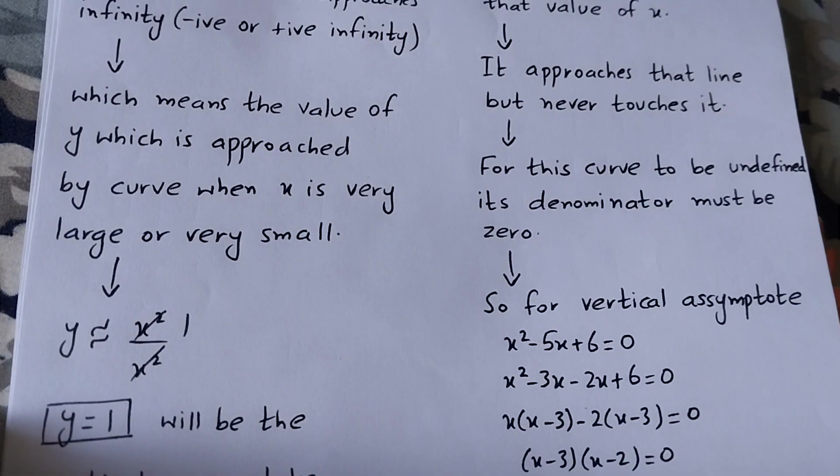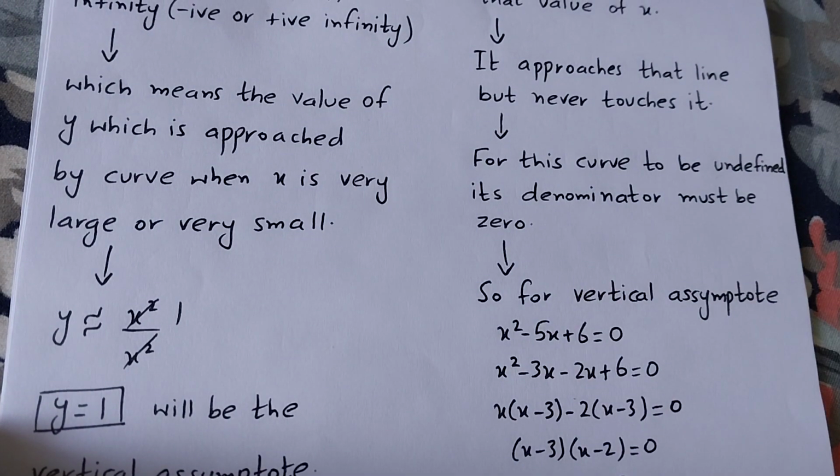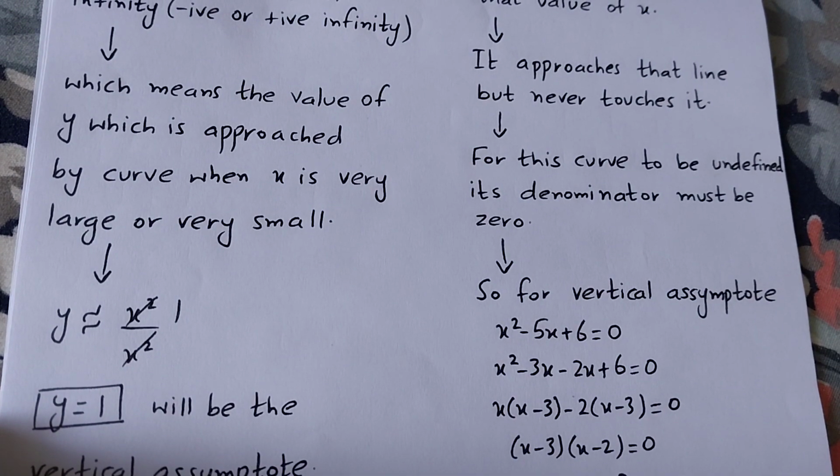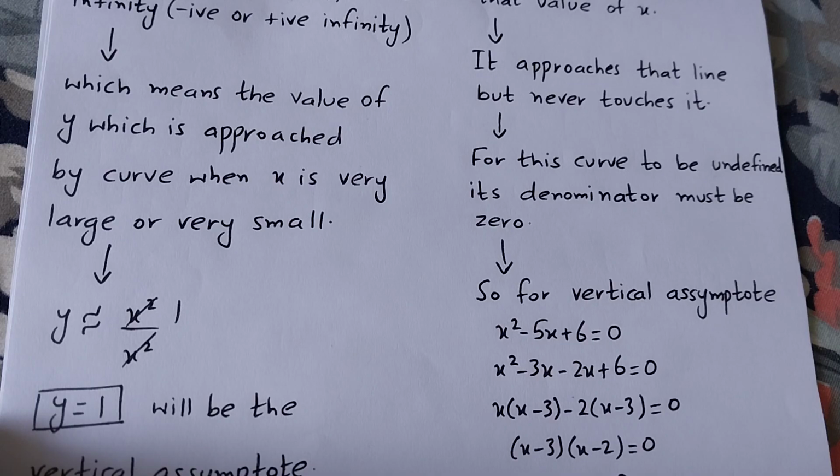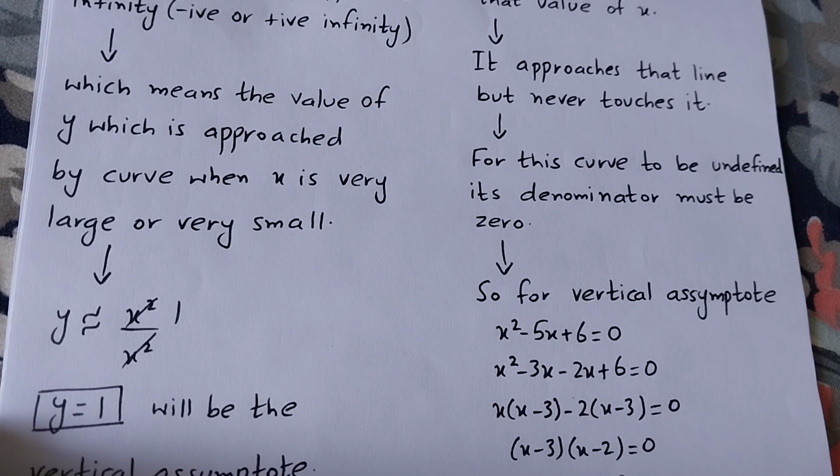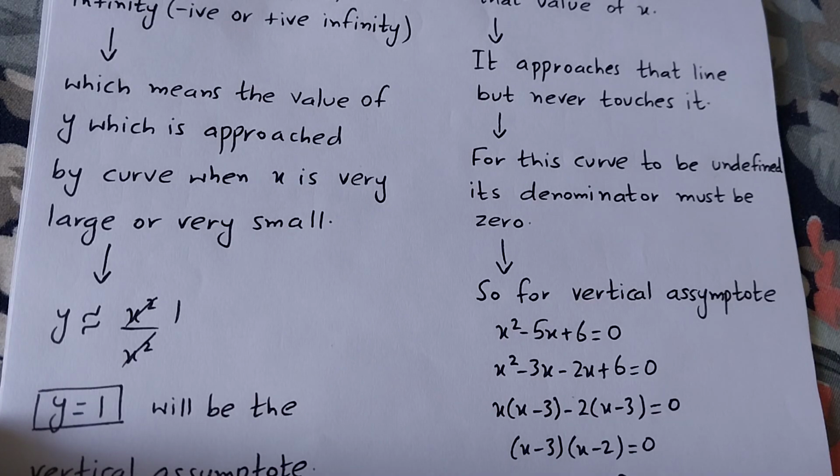We will break the middle term, which is minus 5x. So we have to look for two terms which will add to give us minus 5x, and when we multiply those terms, it must give us 6x square, because the first and the last term multiply to give us 6x square. So minus 3x and minus 2x would be those terms. They give us minus 5x on adding and give us 6x square on multiplication.